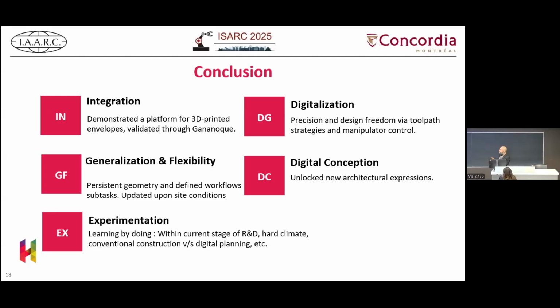It will unlock new architectural expressions, and we get more precision and also design freedom in the same platform. We didn't expect to have everything solved. We just got to the construction site, facing hard climate and the tolerances of conventional construction, etc. But we learned a lot, and we are applying this in our new projects.